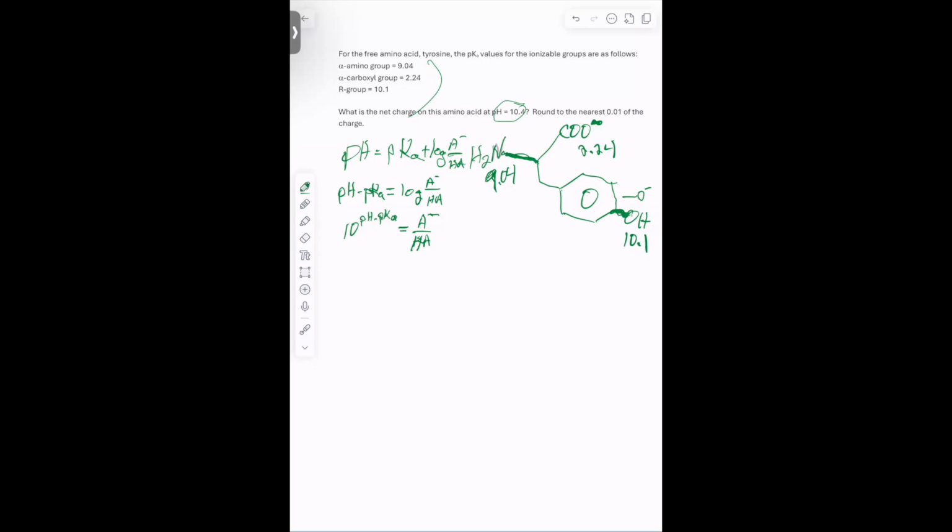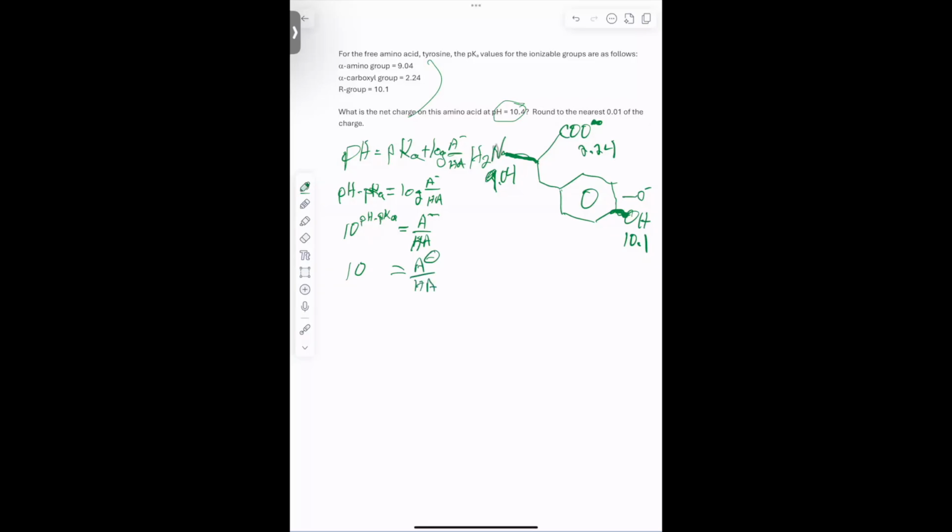So in the case when it's 1 pH unit above the pKa, in other words, when pH minus pKa is 1, then you have 10 equals A minus over HA.